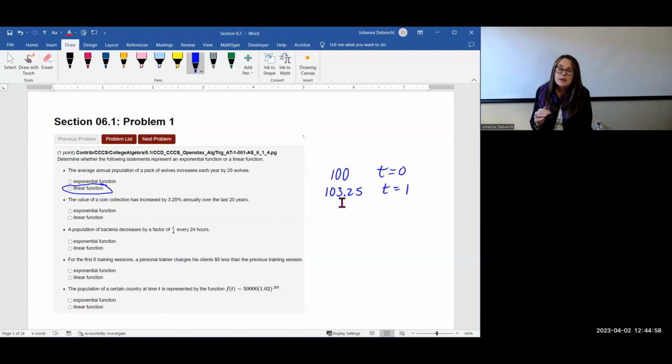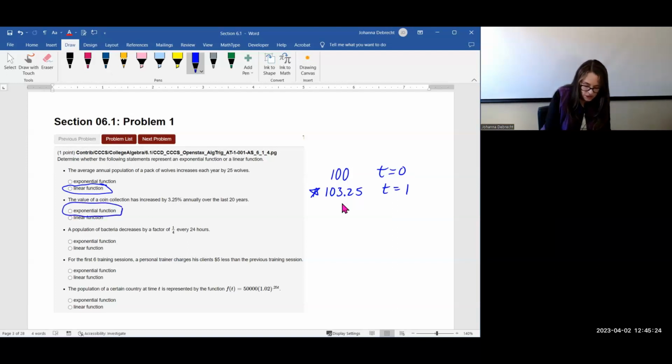Now, the next time, it increases by 3.25% again, but 3.25% of what was there the last time, which is this amount. So I'd have to take my calculator to figure out what that is. But basically, it's a percentage of what was there before, which means that this one must be exponential. So anytime it's increasing by the same percentage time period over time period, that's exponential.